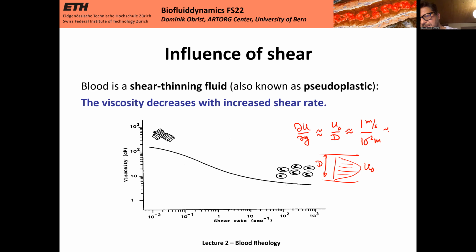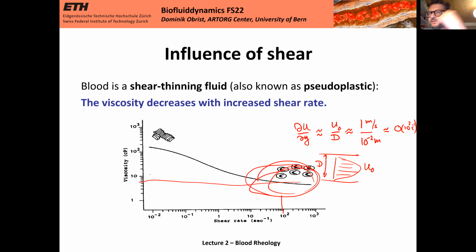We end up with something on the order of 10 to the 2 per second. So a shear rate of about 100 per second. So we're in this range here, or to be a bit more general, in large blood vessels, we're somewhere in this range here, where we have the viscosity that we stated before.